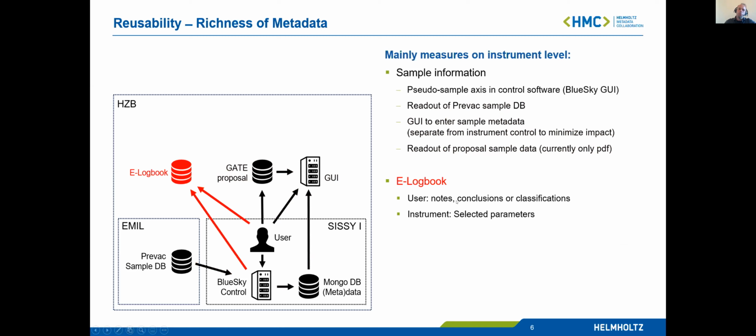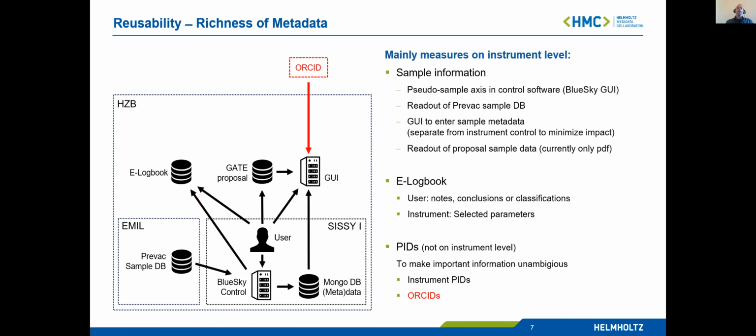This is often written in a paper logbook, and here we provide an electronic option, an electronic logbook, which is the same as used by the ESRF. And besides the user's input, we also provide a direct connection from the Bluesky control system to send selected events to the electronic logbook.